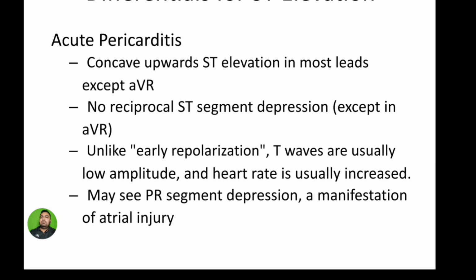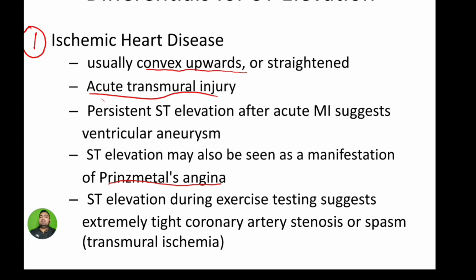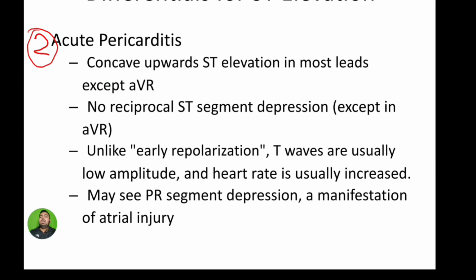And the second very close DD of acute myocardial infarction and myocardial ischemia is acute pericarditis. We have seen that in ischemic heart disease the ST segment was convex upwards, and in acute pericarditis you can see that there is concavity upwards.